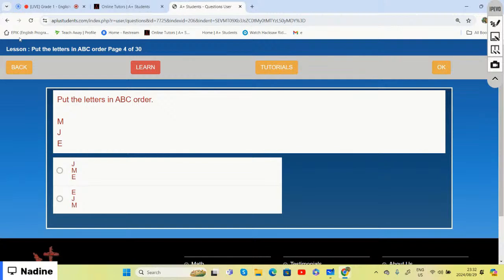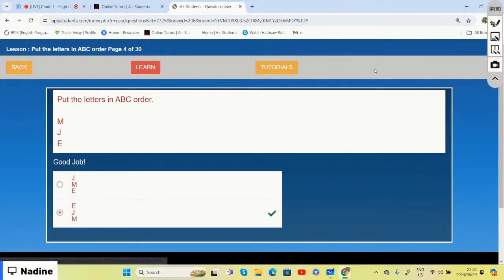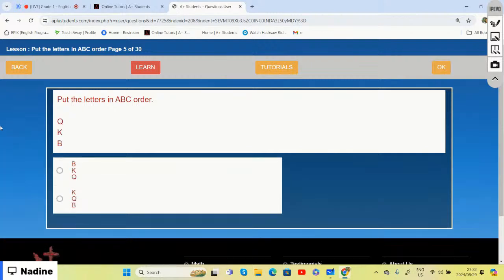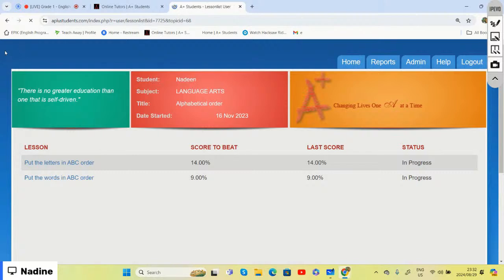If we were to put it in order, we went with E, J, and M. Do you see how we also had to put our letters in order from A to Z?